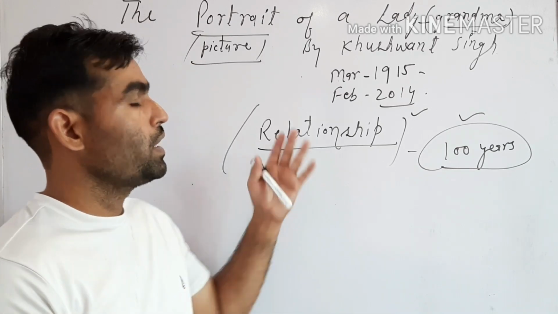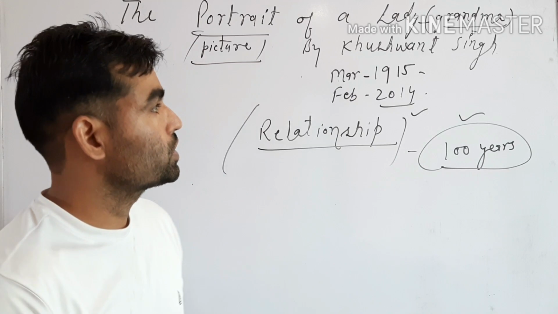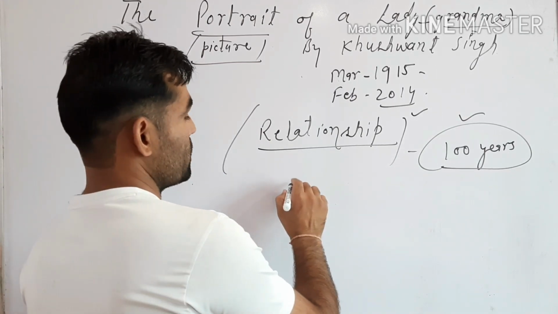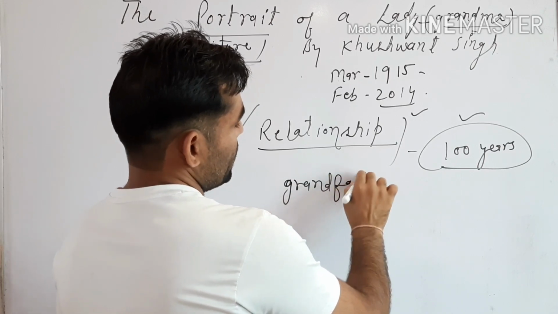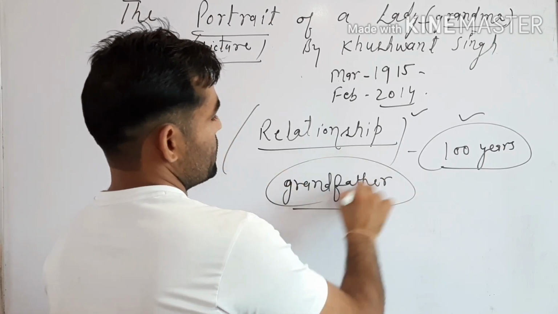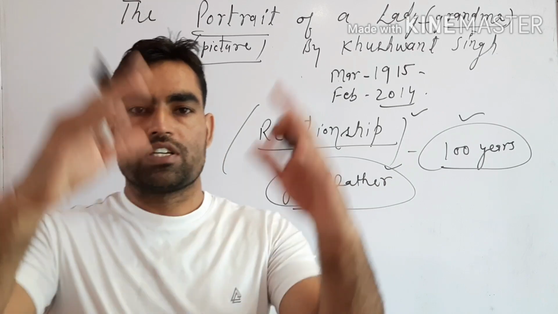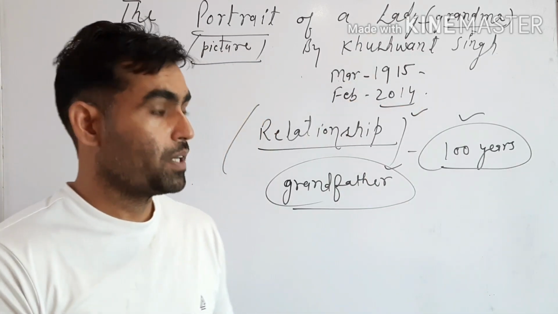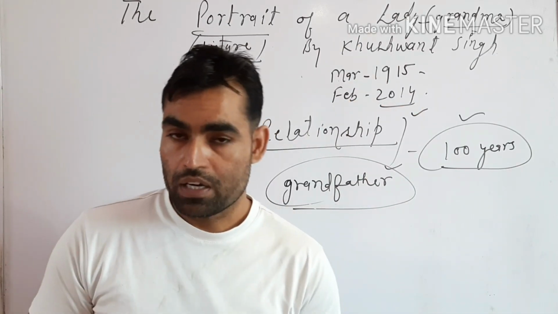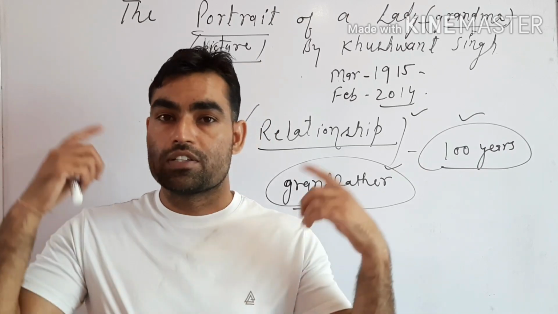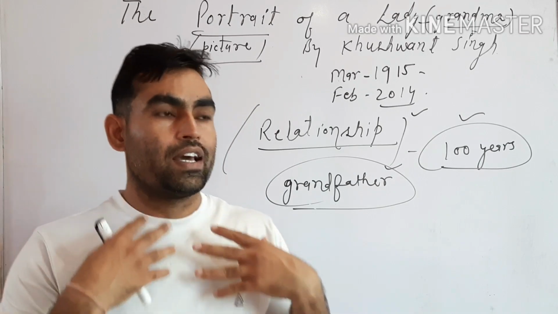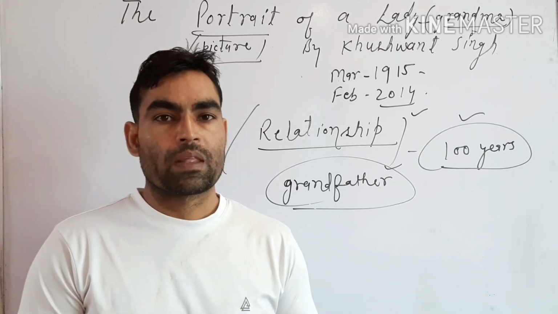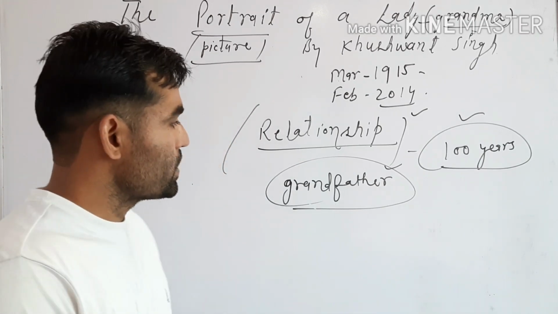At the same time, the author's grandpa is also described. In that description we have a picture hanging on the wall, and in that picture the grandfather is wearing a turban and loose-fitting clothes, and he has a long white beard that covers most of his chest.